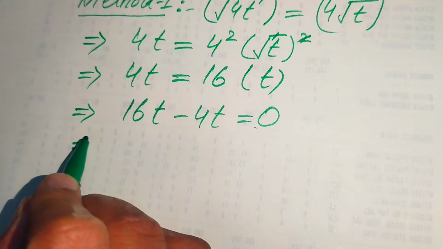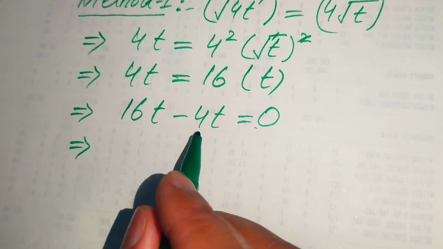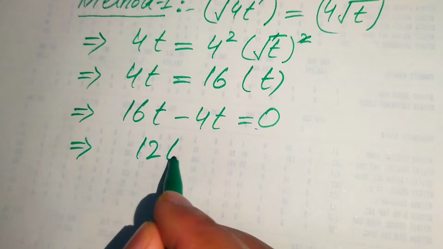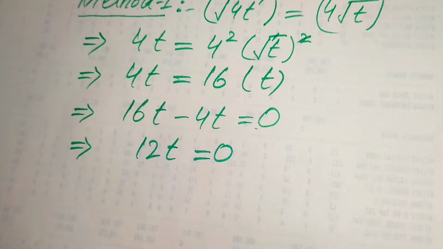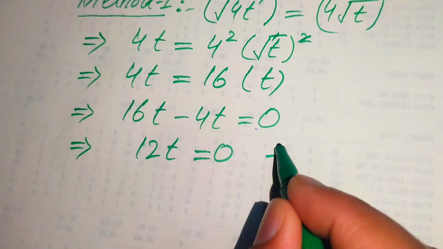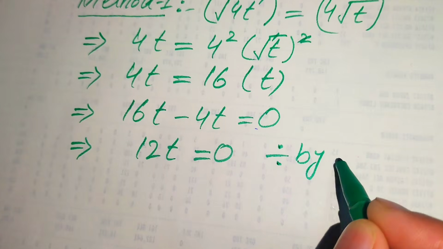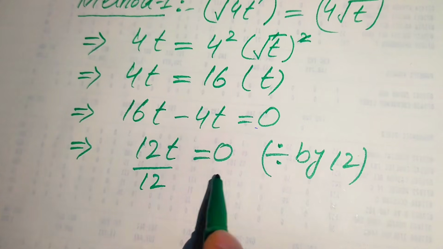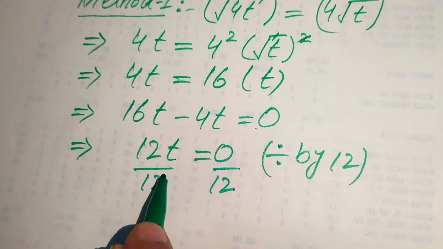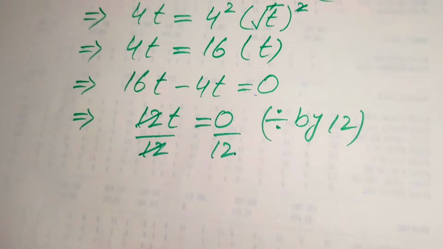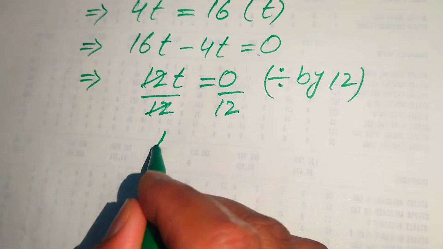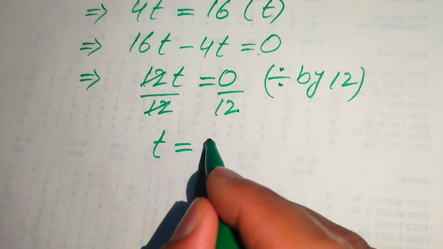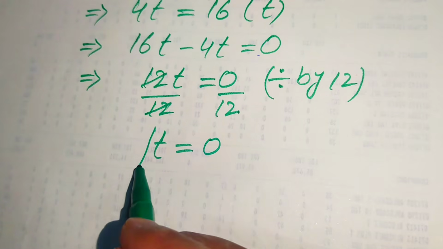We subtract both of these values, 16t minus 4t becomes 12t, equal to 0. Now for the value of t, we divide both of the sides by 12, so the 12 and 12 cancel out, and we get t is equal to 0 divided by 12, which is equal to 0.